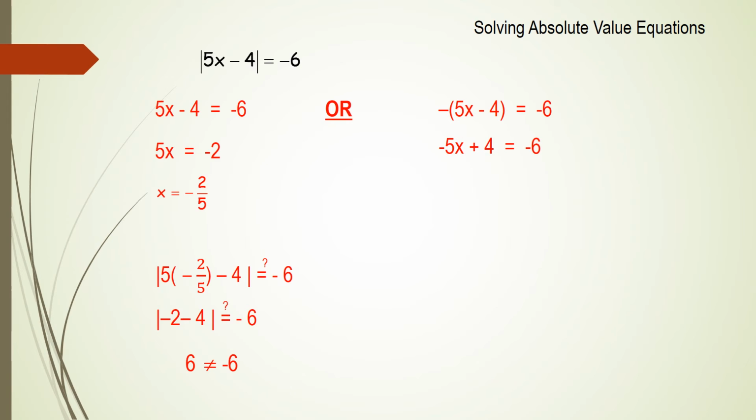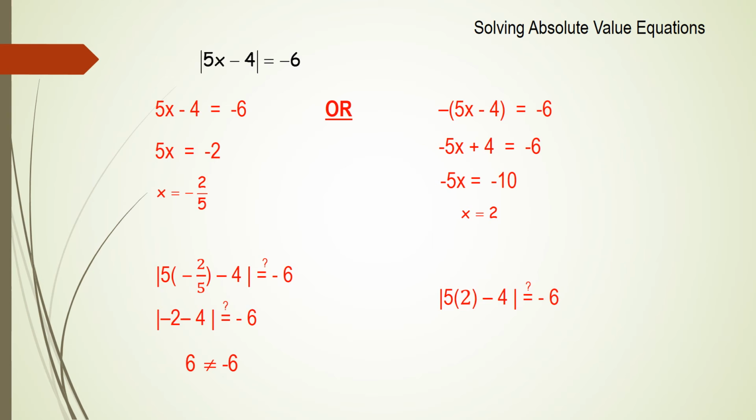On the right side, I distribute my negative to the 5x and the -4, which gives me a result of -5x plus 4 is equal to -6. I subtract 4 from both sides of my equal sign, and then I divide by -5 on both sides of my equal sign. So x is equal to 2. I take my value and plug it back into my original absolute value equation.